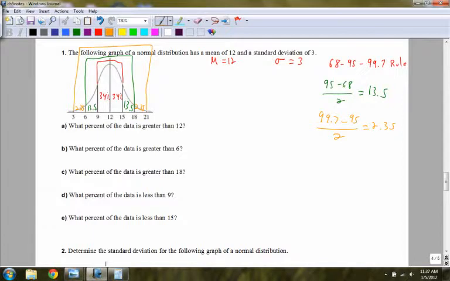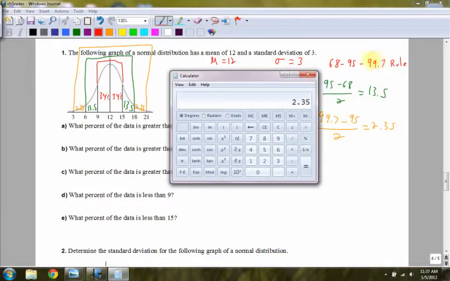So now it's a lot easier to actually fill in my questions, right? First question says, what percent of the data is greater than 12? Well, I have 34%, 13.5%, and 2.35%. But what happens when I add all these together? Well, the 99.7 is everything, right?